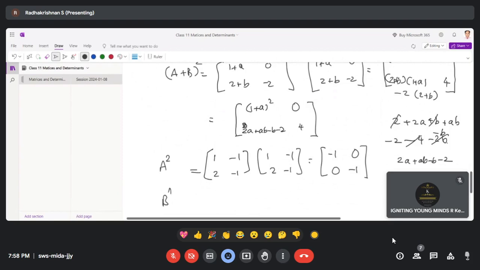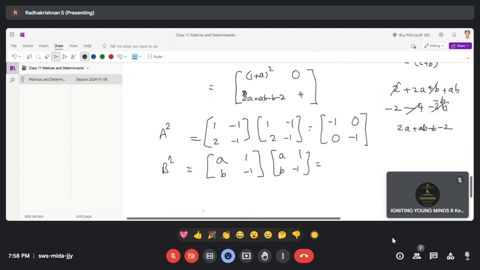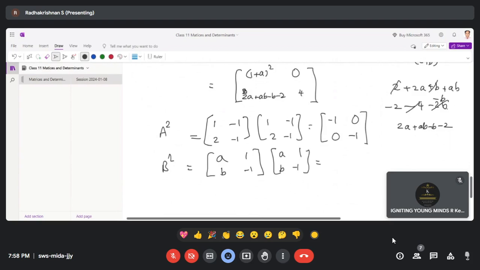So let's find out b square. B square is a 1, b minus 1, so this is a square plus b.